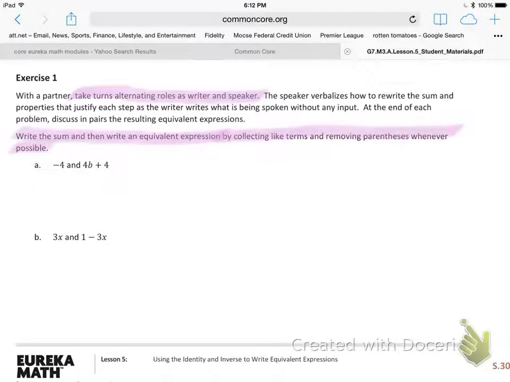Do it in a few steps. Don't just look at it and do it. I can look at this one right now and know the answer, but go ahead and do it in steps, because like I mentioned in class this past Monday, it's not as much about getting the right answer as doing the process correctly. So go ahead and work on those and come on back for the answers.